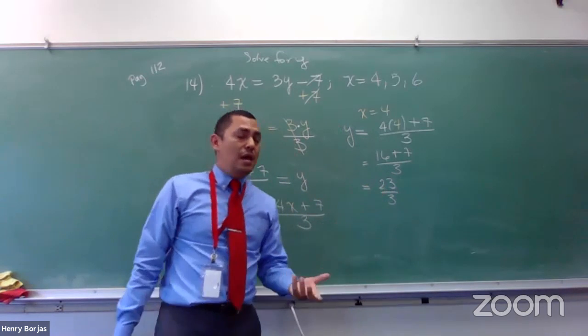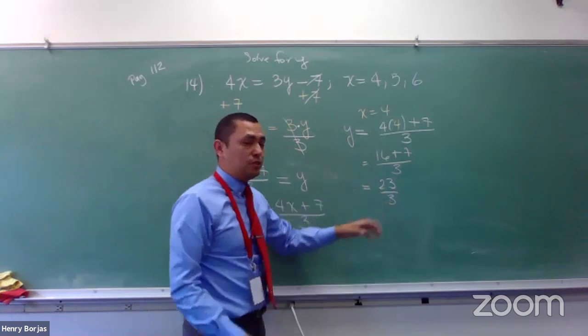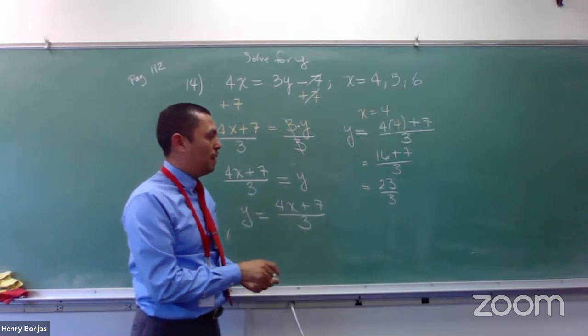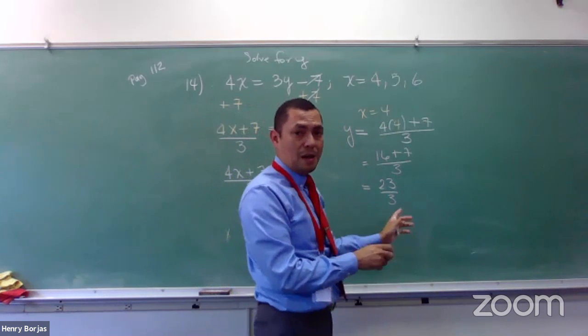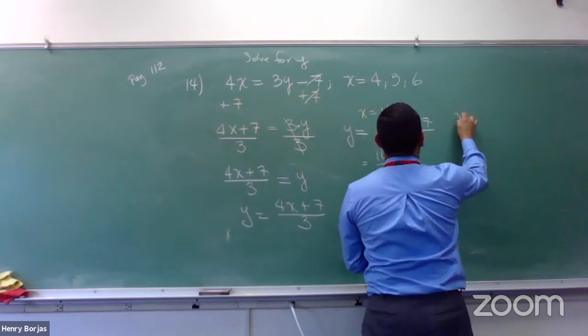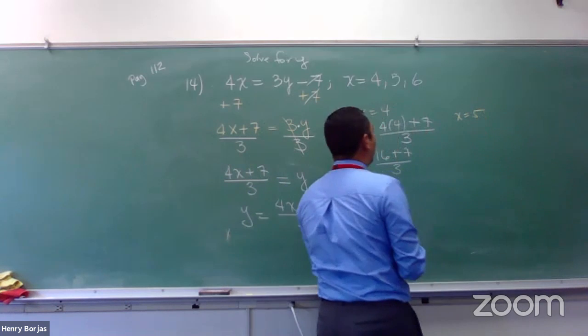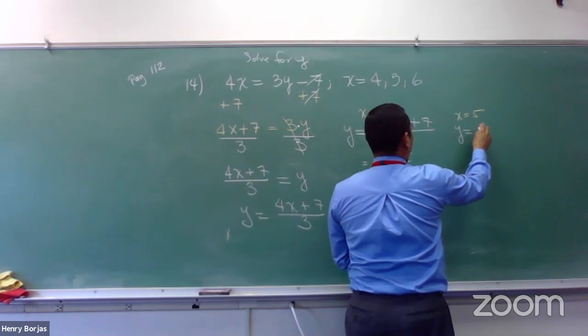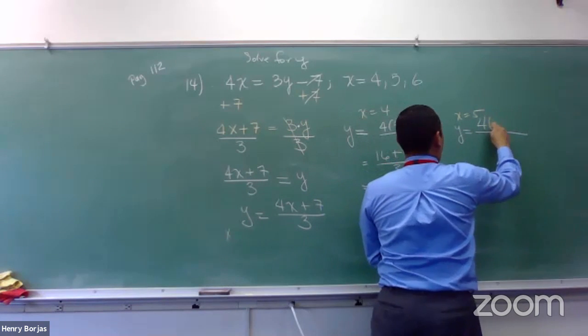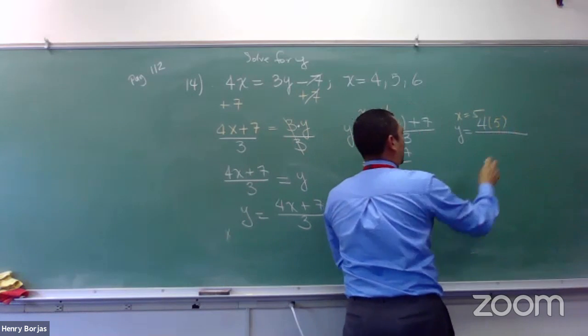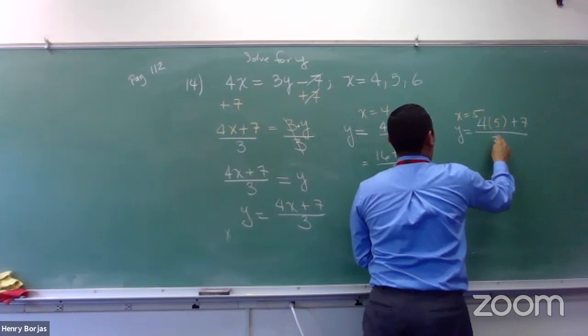Now, the next question that you ask: can you simplify these two values? So 23 is not divisible by 3, so you cannot simplify. So what else? I have x equals 5. So I have y equals 4 times 5 plus 7 over 3.